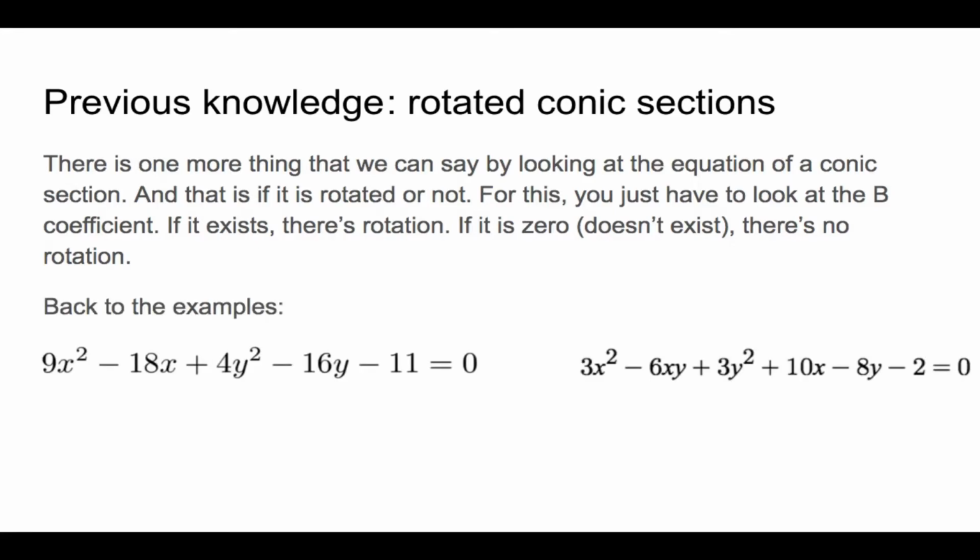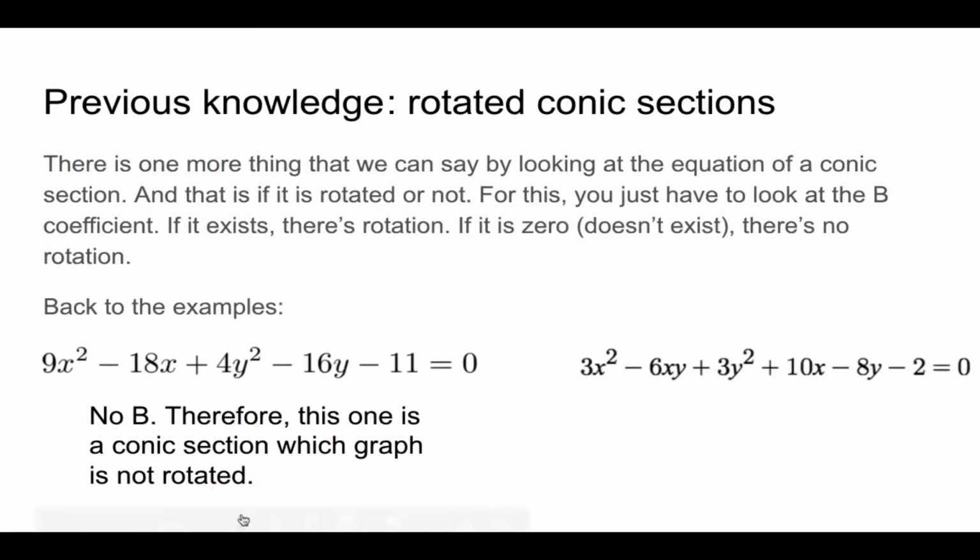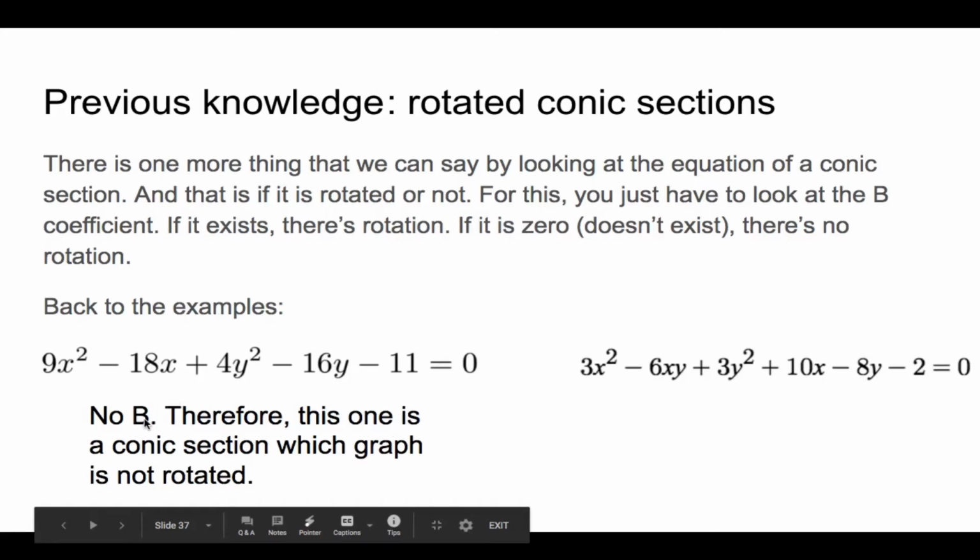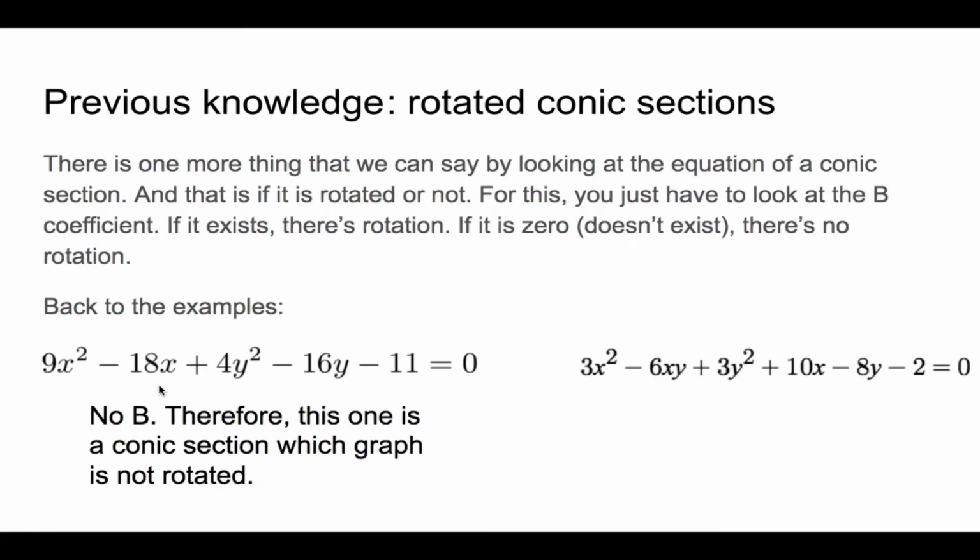Back to the examples. For this first equation, there is no b coefficient. Remember that the b coefficient is the coefficient for the cross term, the xy term. In here, you don't see xy. There is no b. Therefore, if you graph this one, the conic section would appear not to be rotated.